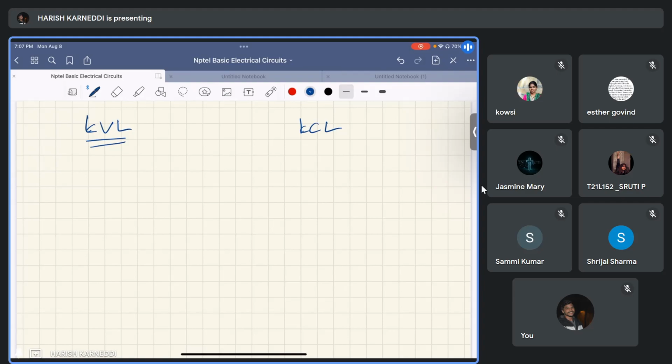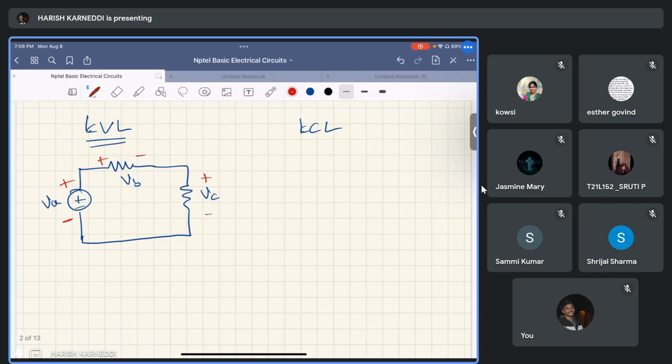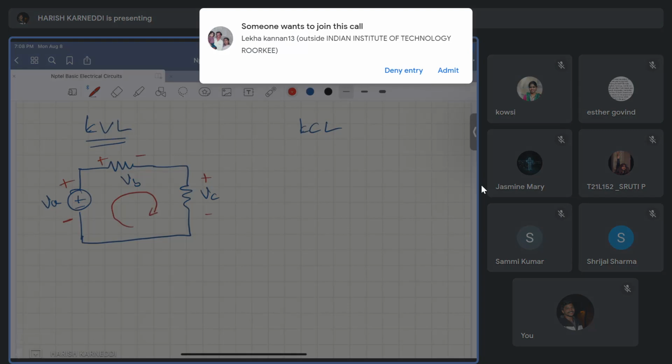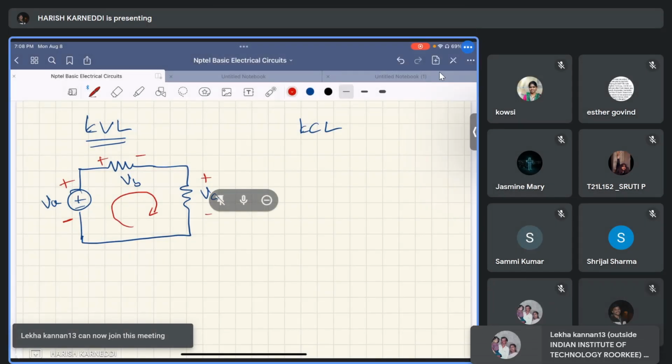Let us suppose this is one loop with voltages VA, VB, and VC, with the polarities marked plus and minus. Consider the current direction to be clockwise.